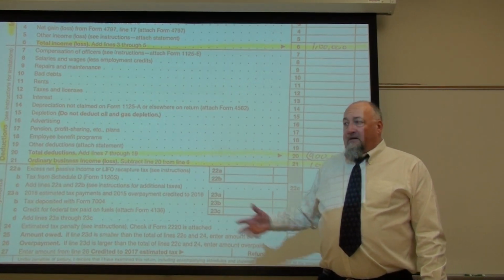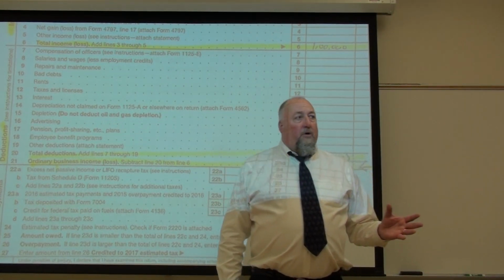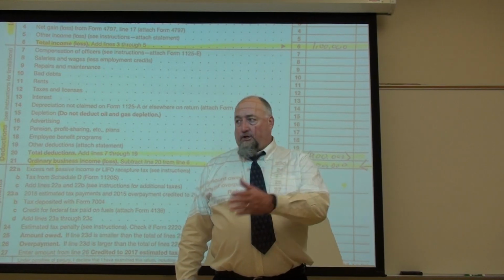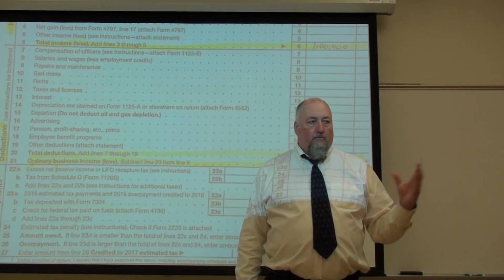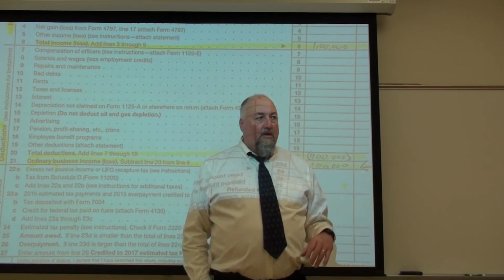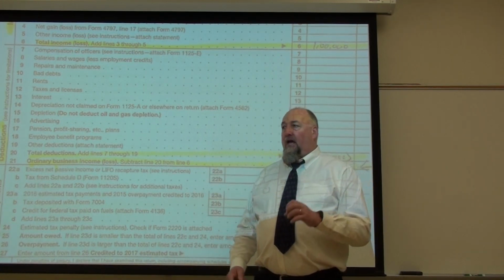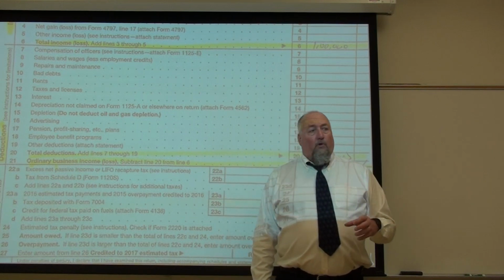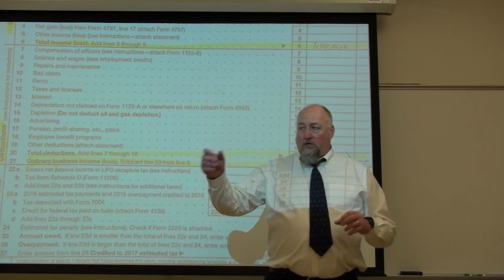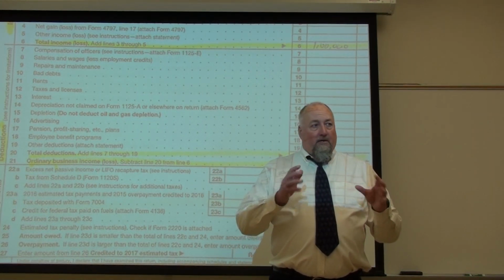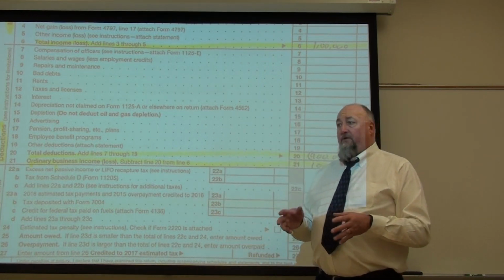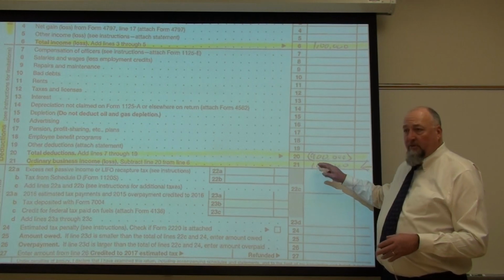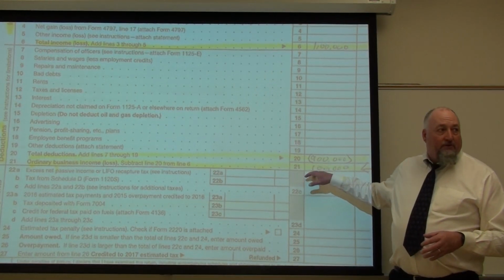And the way that that's done is the S corporation, this is also true of a partnership, will issue to each shareholder, each owner, a form called a K1. I don't have that in your book, it gets to be too detailed. But the idea is a K1 form is a form that is issued to each shareholder that tells the shareholder what amount of money, based upon their ownership, they have to report on their individual tax return.